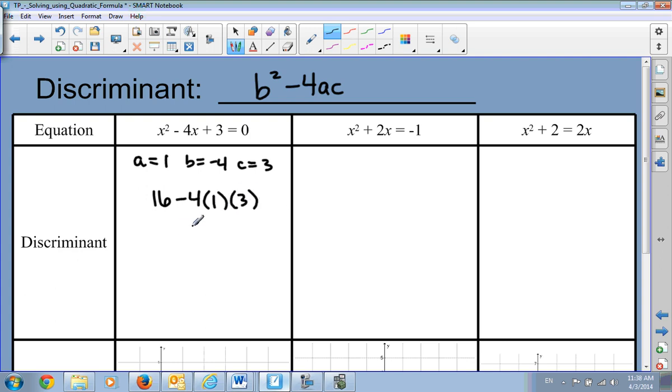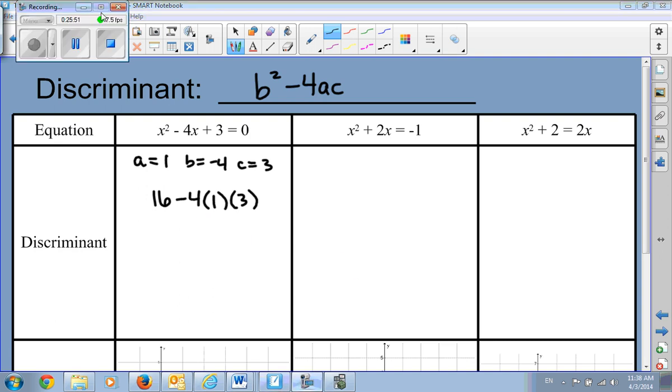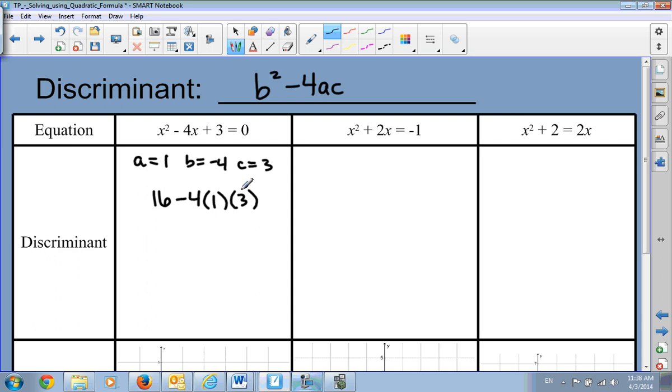So what is 16 minus 4 times 1 times 3? Try it in your calculator. What did y'all get? 4. And 4 is positive, isn't it?